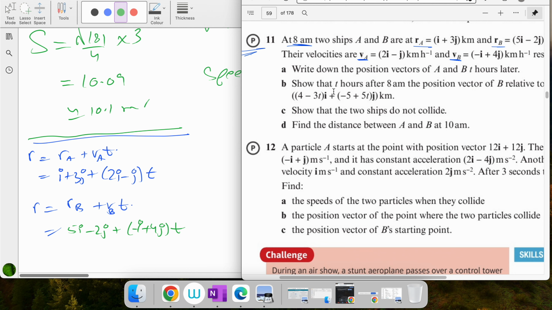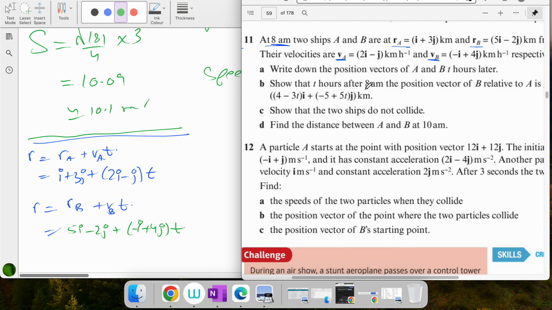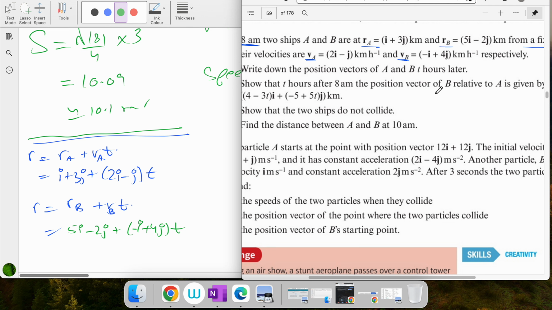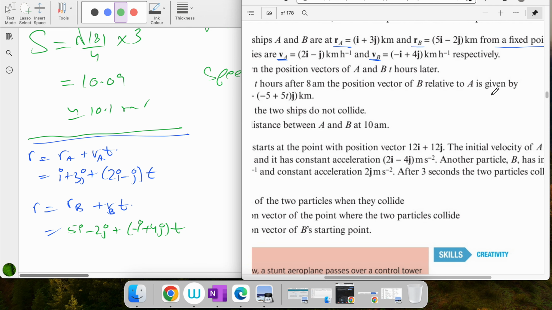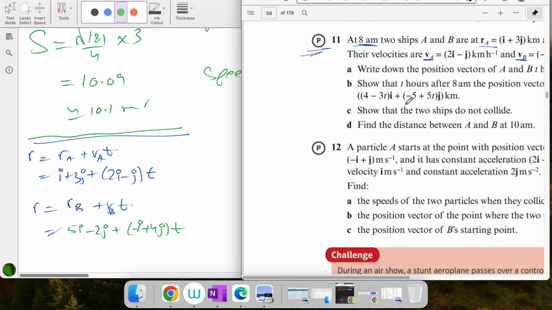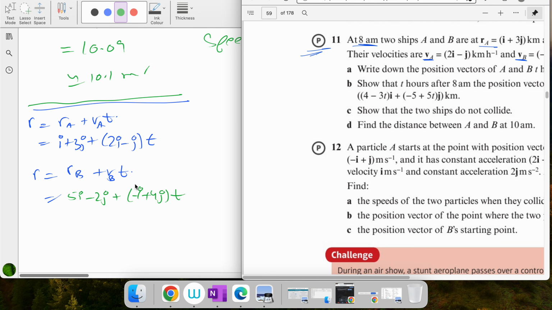Part b says show that t hours after 8 am, the position vector of B relative to A is given by this. So for the position vector of B relative to A, we will subtract these two.